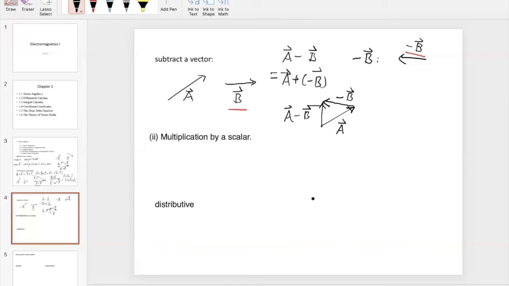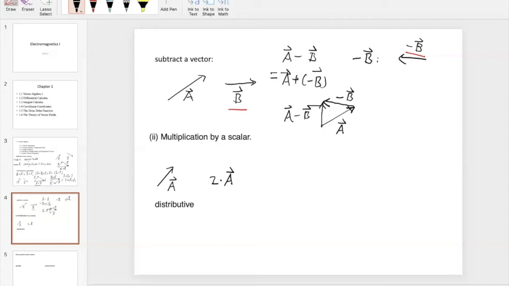Now let's see multiplication. Multiplication by a scalar is the easiest multiplication. Let's say you have vector A, this is A. What is 2 times A? Because 2 is a scalar, a scalar multiplied by a vector, or a vector multiplied by a scalar, they're the same thing.